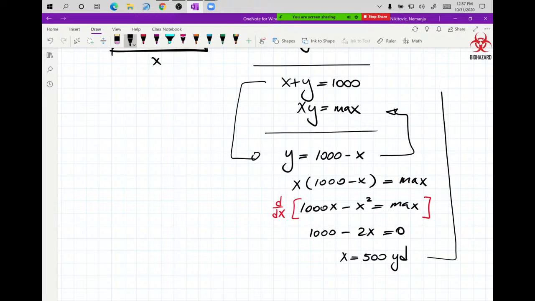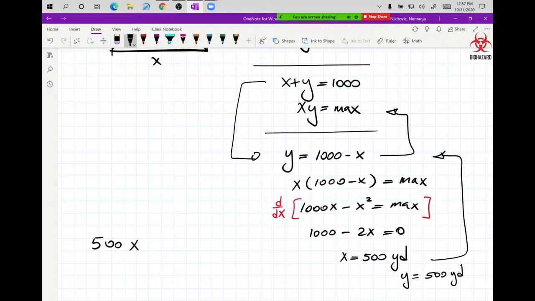And now when you plug that back into the equation here, you get that y is 500 yards as well. So you get a square, 500 by 500 yard. So think about it.